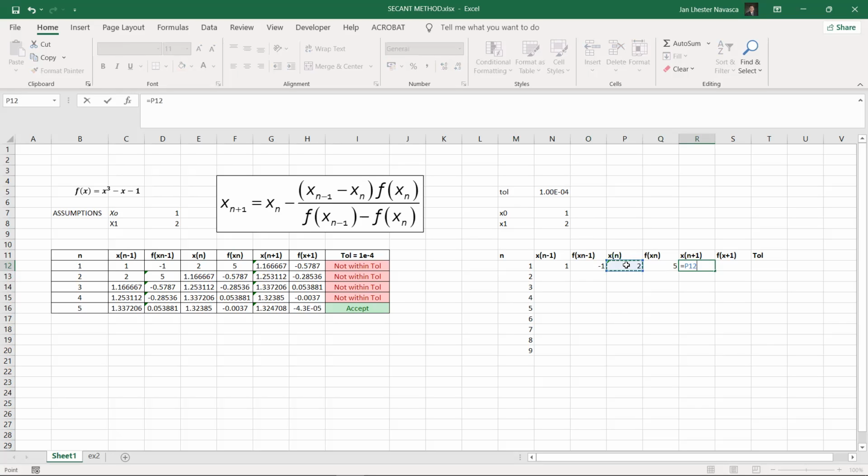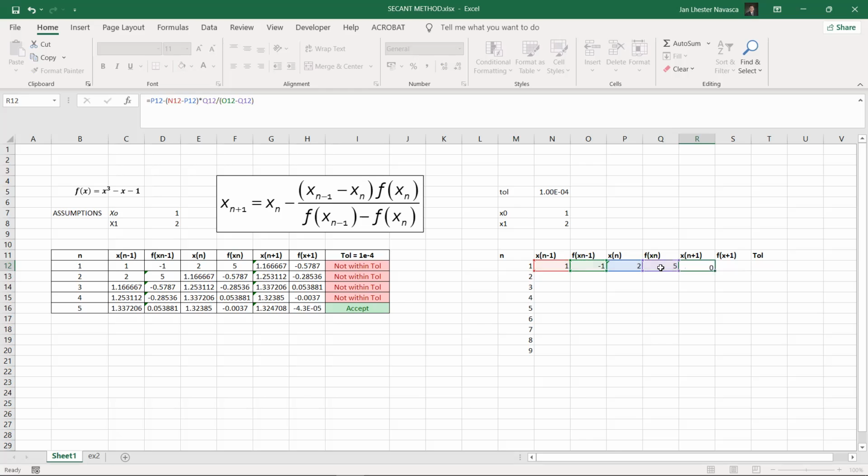Then using the formula, equal sign, x sub n, minus, open parentheses, type nyo lang yung equation. X of n minus 1, minus x of n, close parentheses, multiplied by your f of x sub n, all over, open parentheses, f of x sub n minus 1, minus f of x sub n.